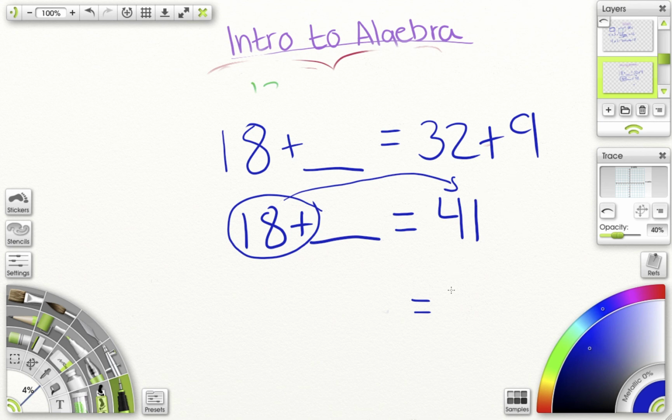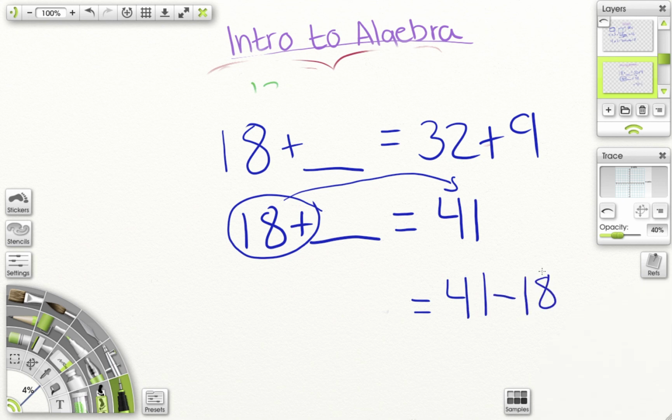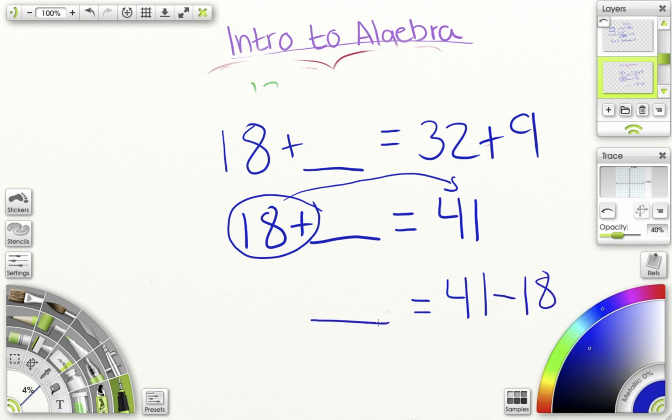So I am doing the opposite this time. So I do 41 minus 18, and that will give me what the blank is worth. 41 minus 18 is equal to whatever that blank number is. That blank is 23.